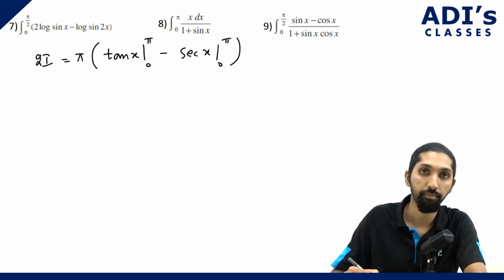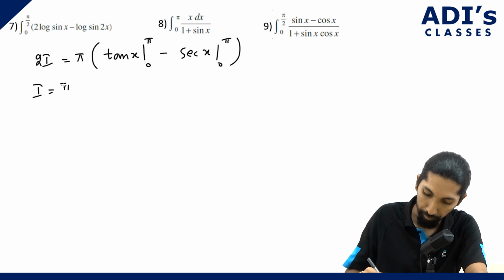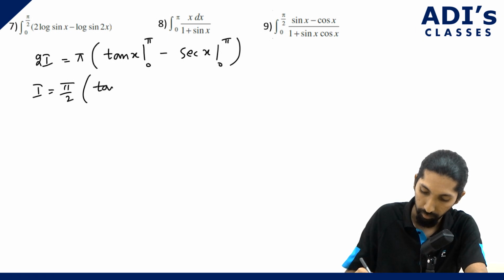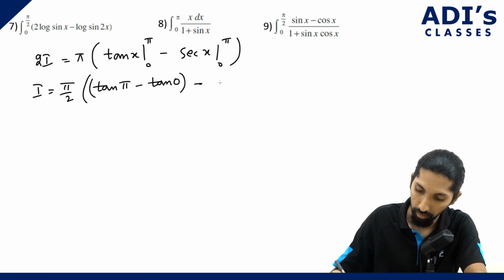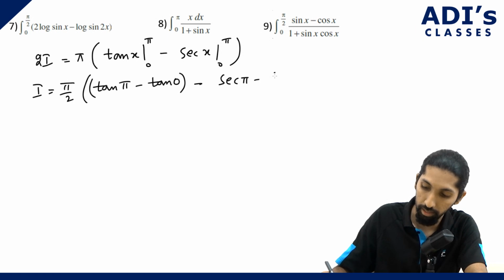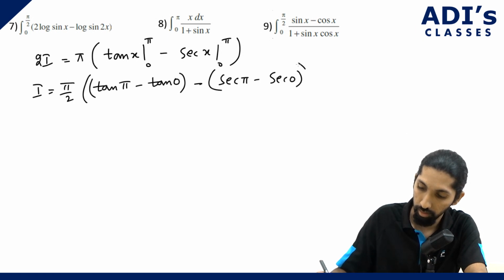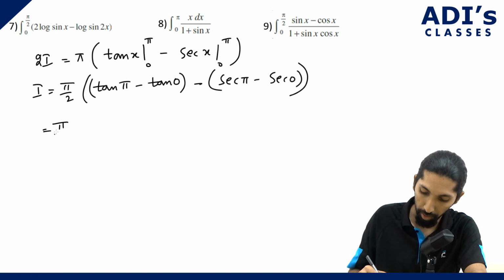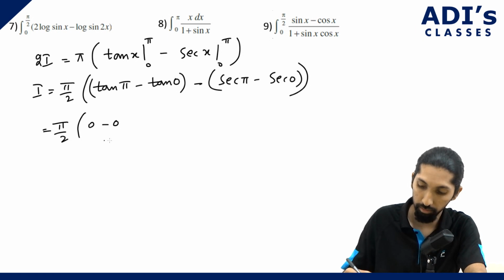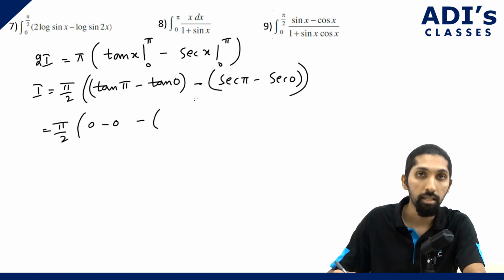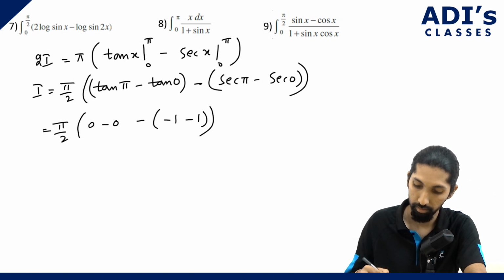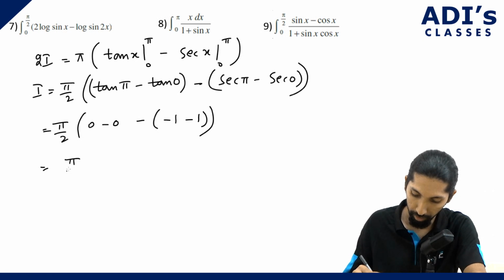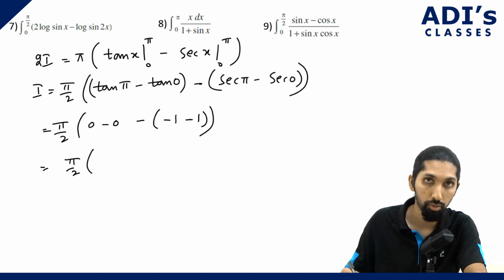So I is equal to pi by 2 into tan pi minus tan 0, next minus of secant pi minus secant 0. So pi by 2 into 0 minus 0, minus of secant pi, which is minus 1, minus 1. So you have pi by 2 into minus of minus 2, which is 2.